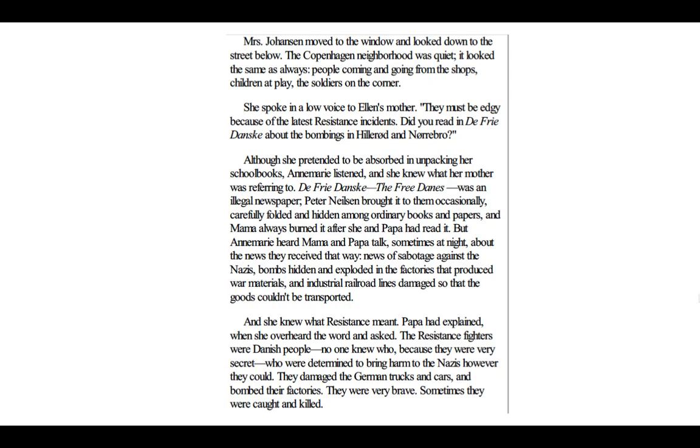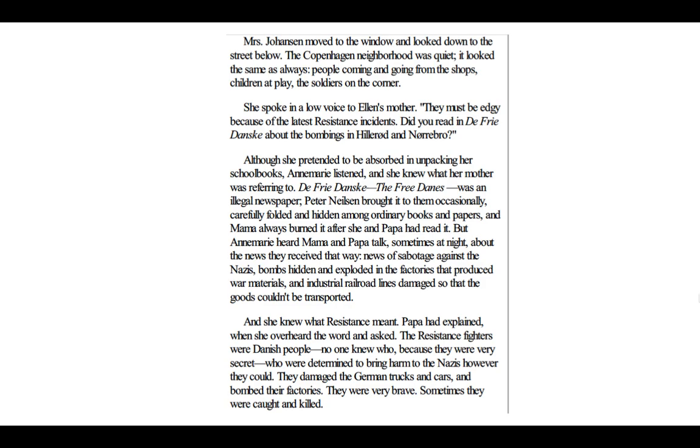But Anne Marie heard Mama and Papa talk, sometimes at night, about the news they received that way. News of sabotage against the Nazis, bombs hidden and exploded in the factories that produced war materials, and industrial railroad lines damaged so that the goods couldn't be transported.